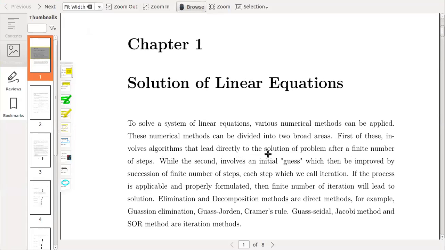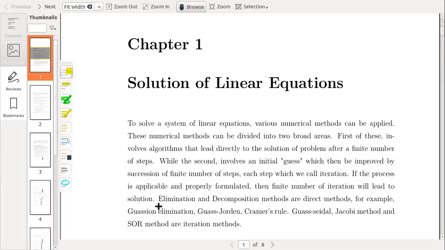that lead directly to the solution of the problem after a finite number of steps, while the second involve an initial guess which is then improved by a succession of finite number of steps, each step of which we call an iteration.